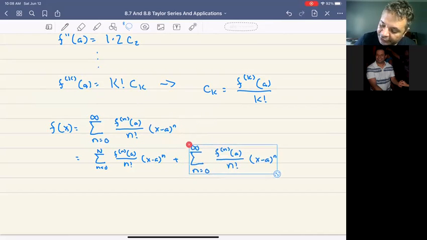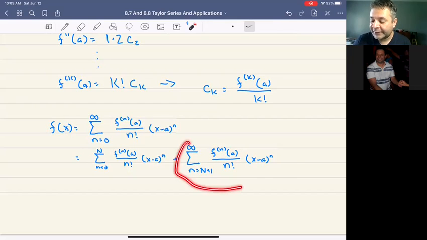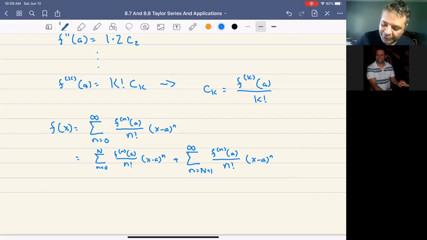And here, all I'm going to do is change this to n plus 1. So I'm adding up the first, let's say, 10 terms. 10 is just an arbitrary number, some number of terms. And then I take the rest and consider that as a remainder. Okay? So this is called the Taylor polynomial of degree n plus the remainder term of degree n.